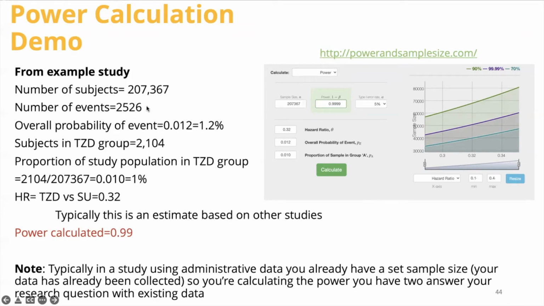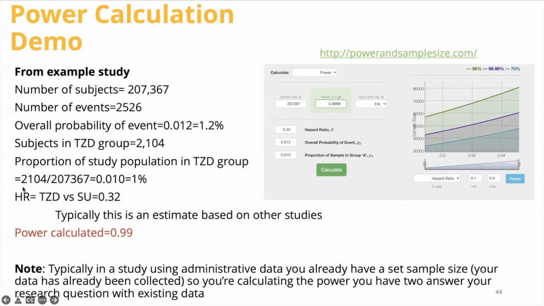We had 2,526 events. The overall probability of an event was 1.2%, which I calculated from the study. The subjects in the TZD group, there were about 2,000, meaning the proportion of the study population in the TZD group is 1%. And the hazard ratio we were looking at was 0.32.